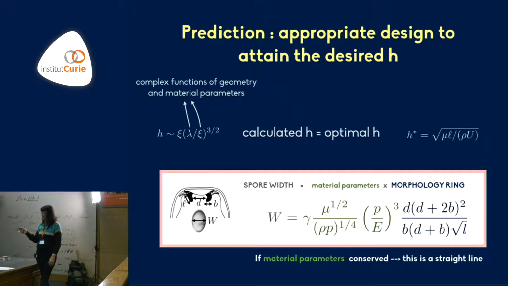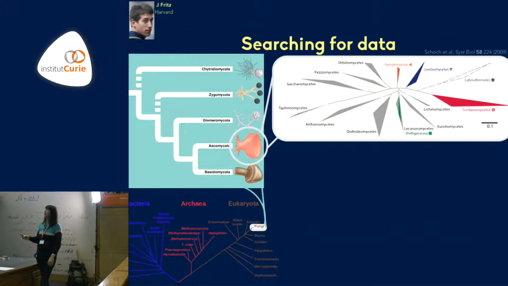Okay? So now you take a good PhD student that has a little bit of time on his hands, and you look through the entire phylogeny to look for species that have this ring. Okay? So this is the tree of life. Here's fungi, here's us. Look, fungi are closer to animals than to plants, remember? These are the Ascomycota, all of the species that have this elongated cell and this squirt gun.